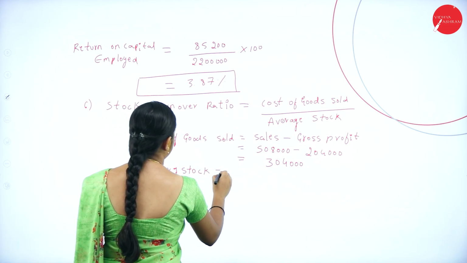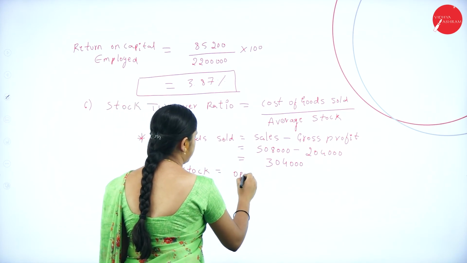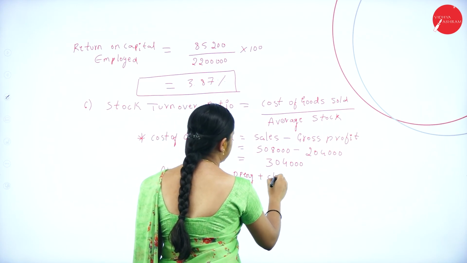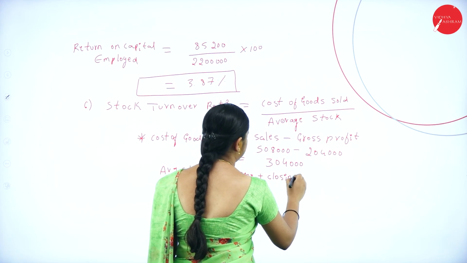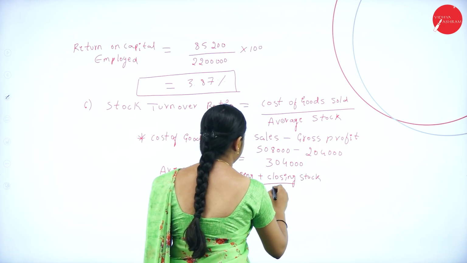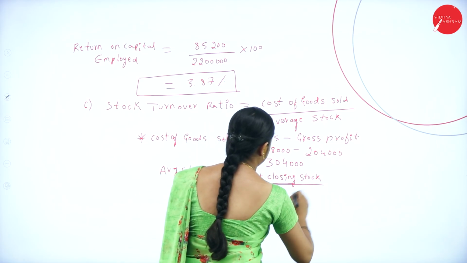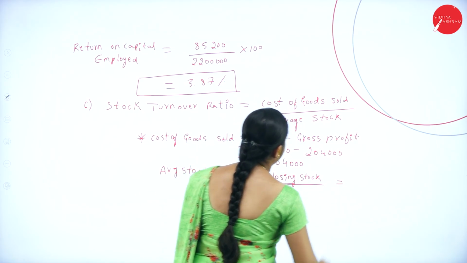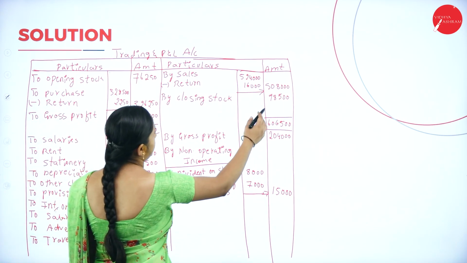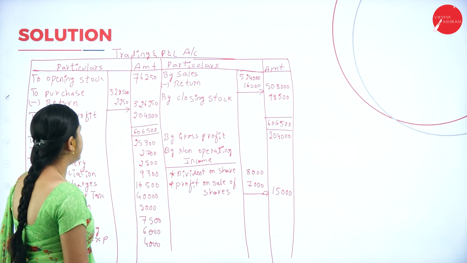Next, average stock. Average stock is equal to opening plus closing stock by 2. Opening stock 76,250, closing stock 98,500.